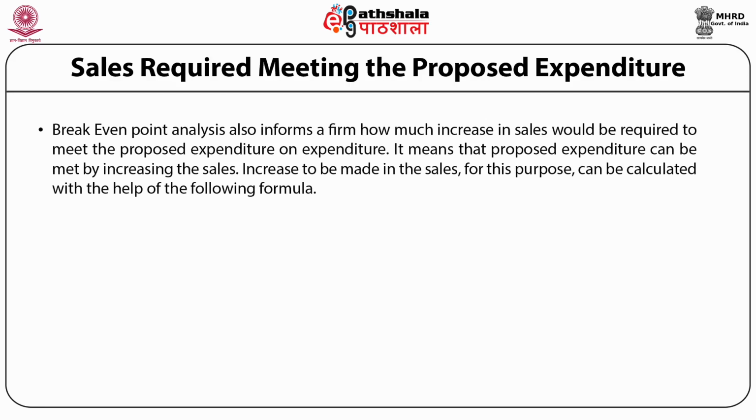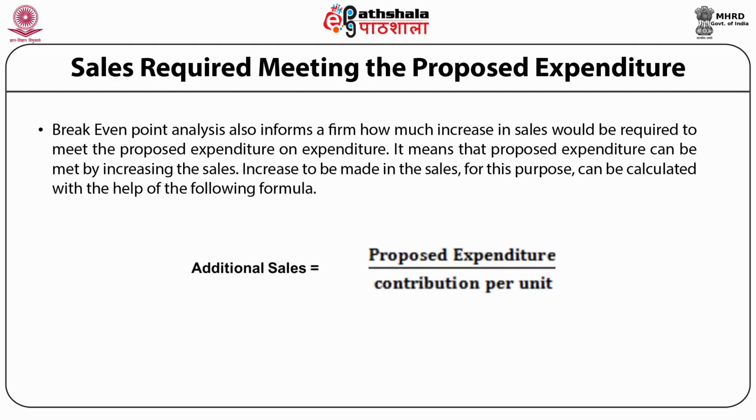We can also use break-even analysis to know the sales required for meeting the proposed expenditures. Break-even analysis informs a firm how much increase in sales would be required to meet the proposed expenditures. It means that the proposed expenditure can be met by increasing the volume of sales. The increase to be made in sales for this purpose can be calculated with the help of the following formula: additional sales is equal to proposed expenditures divided by contribution per unit.